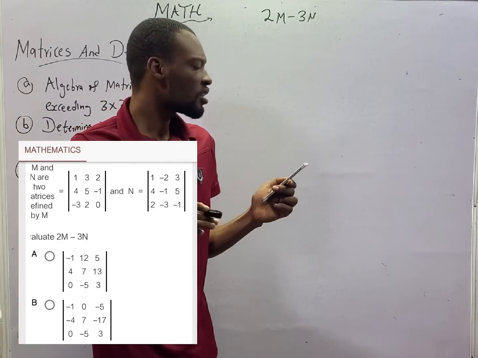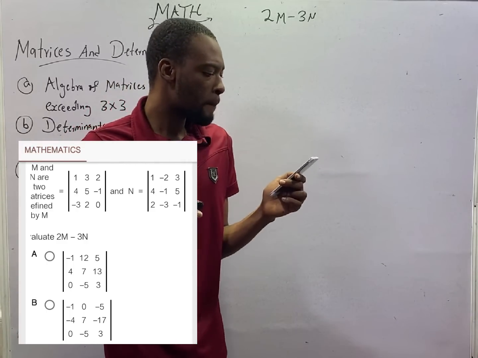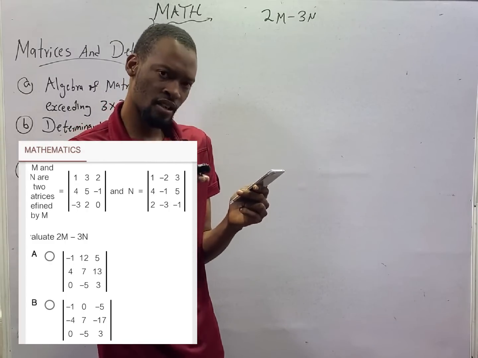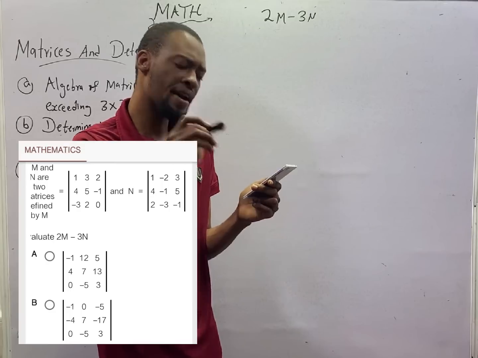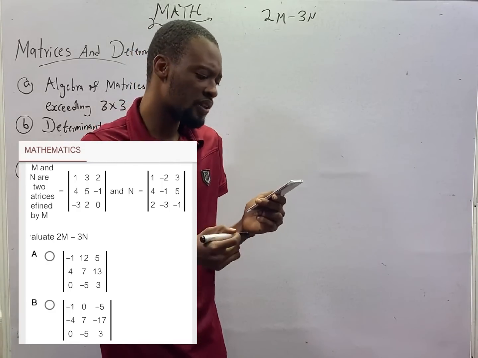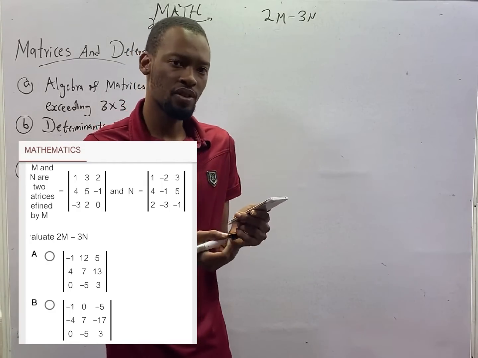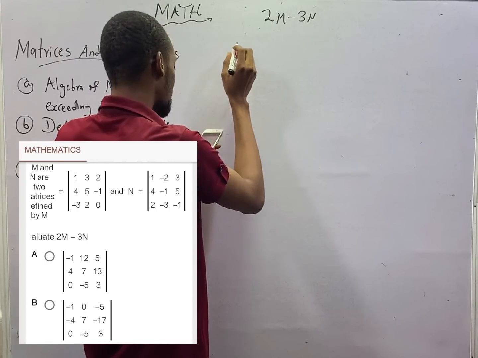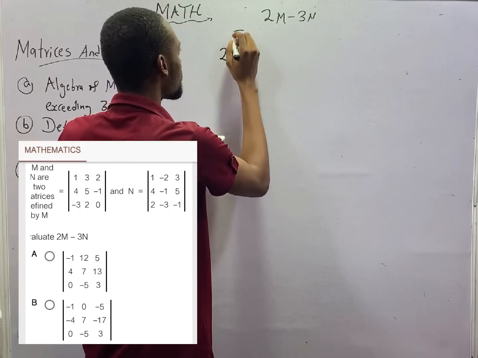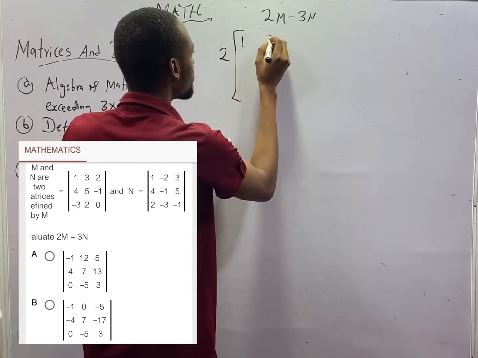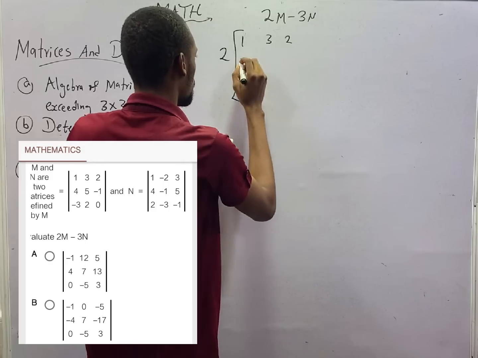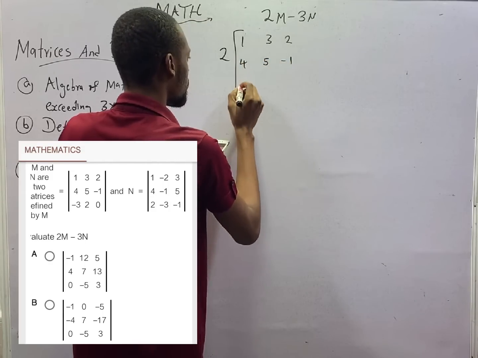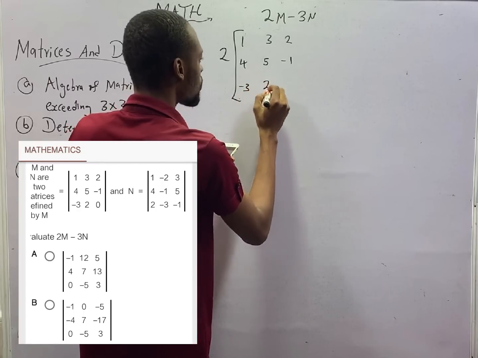And don't forget, the first matrix is M, the second is N. They did not say M minus N, no. They said 2M minus 3N, which means the matrix M, multiply it by 2 to have something like this: 1, 3, 2, 4, 5, minus 1, minus 3, 2, 0.